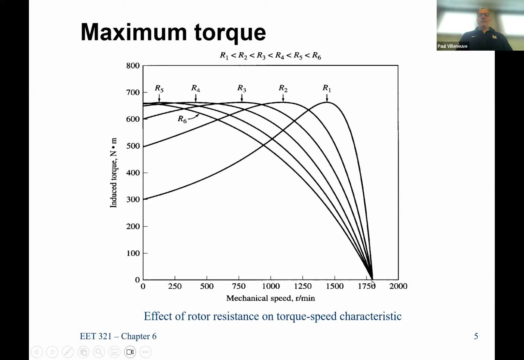When there's no slip. We said the most efficient applications are when we have very, very little slip. So if you need to put out, let's say a value of power that's equivalent to right here, right? That's the power. The slip here is way less than the slip over here, isn't it?